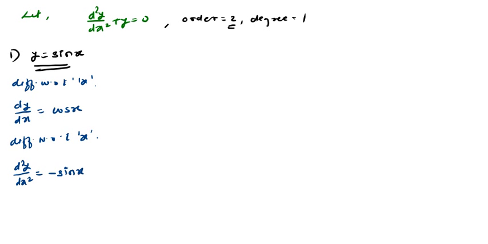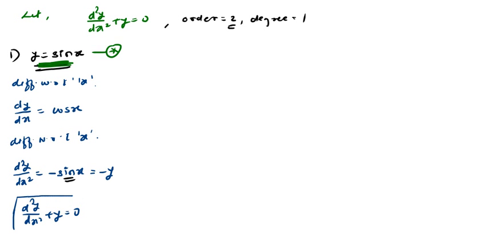But we know sin x from this equation, our equation star. So from star, sin x is nothing but y. So I can write this as minus y.